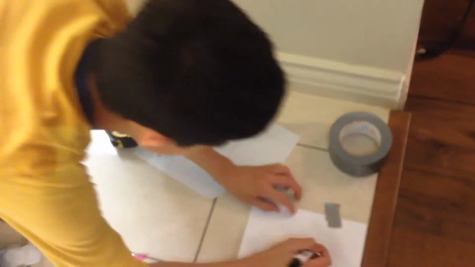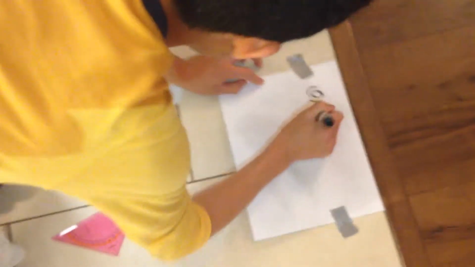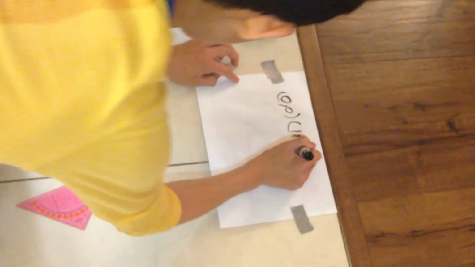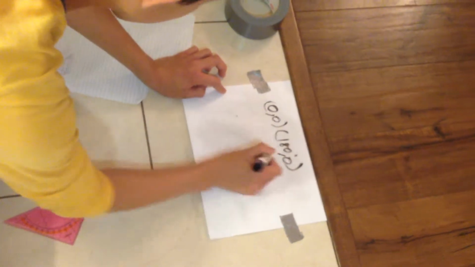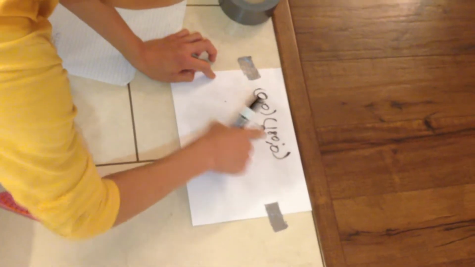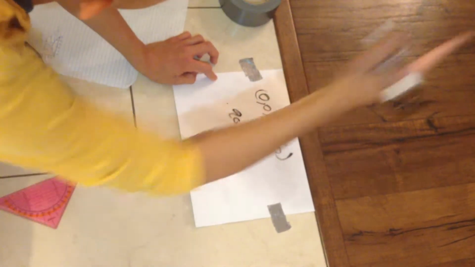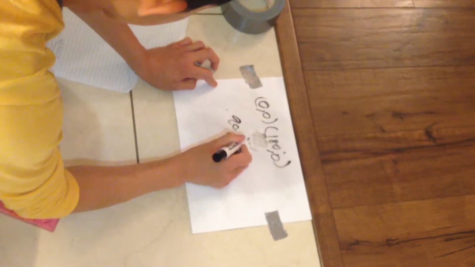So that's basically all we needed. So now you have the roots, and then the vertex, which was half of this, 90, and then the height, which was 40.